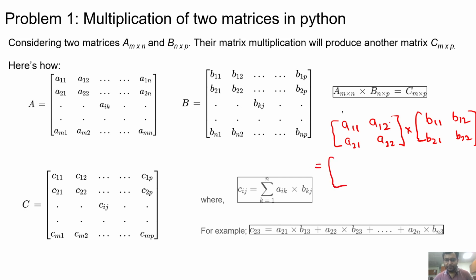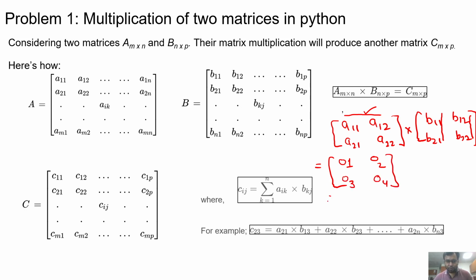We will be multiplying elements of this row with elements of this column and adding them together. Then we'll again multiply elements of this row with elements of the next column to get the first and second elements. Let us say this is 1, this is 2, this is 3, this is 4. These are outputs.